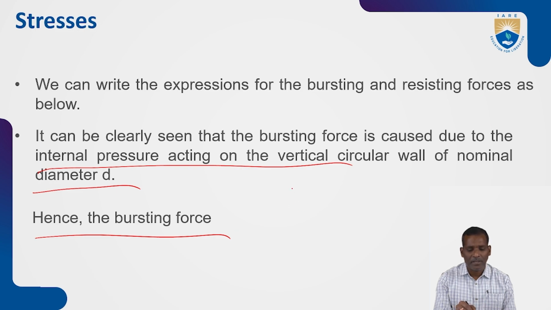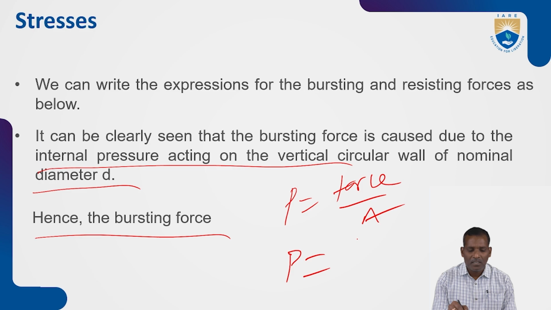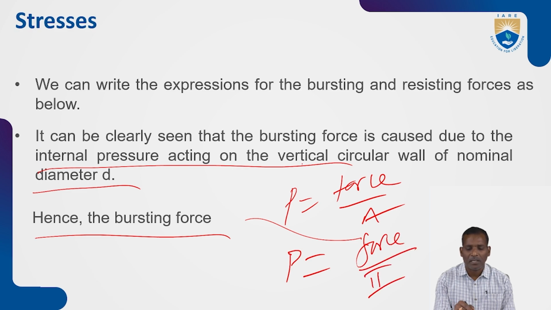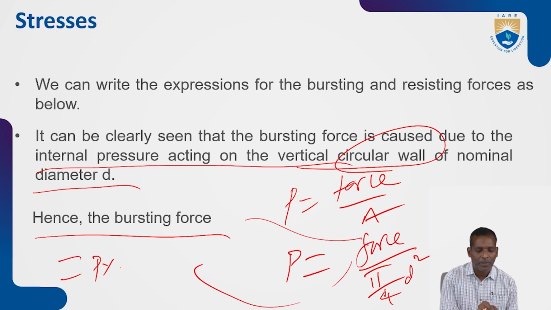The internal pressure is equal to force per area. So the force here, the bursting force, divided by the area, which is the circular wall, pi by 4 d square. So the bursting force is equal to P into pi by 4 into d square.